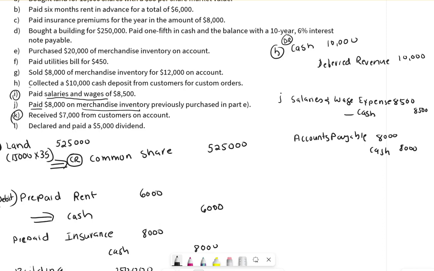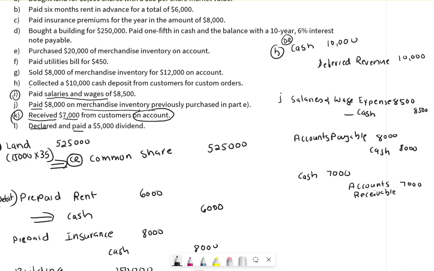Number K, we received something from the customers that we previously sold them. You received cash. Your cash will go up by $7,000. Your accounts receivable will go down by $7,000. Then we said declared and paid $5,000 dividends.